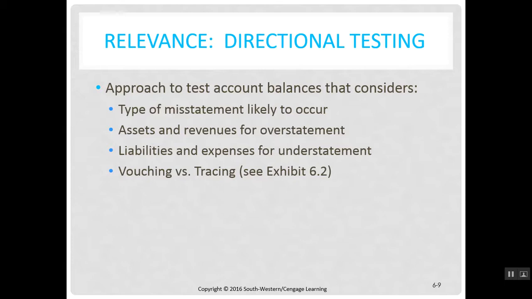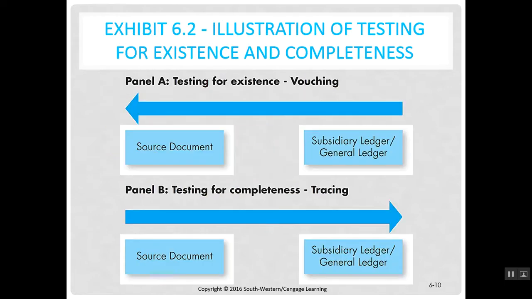Vouching and tracing are two different types of audit testing or audit procedures. So testing for existence is vouching. You're basically starting with the subsidiary ledger or the general ledger, and you're tying it back to the source document. Okay?